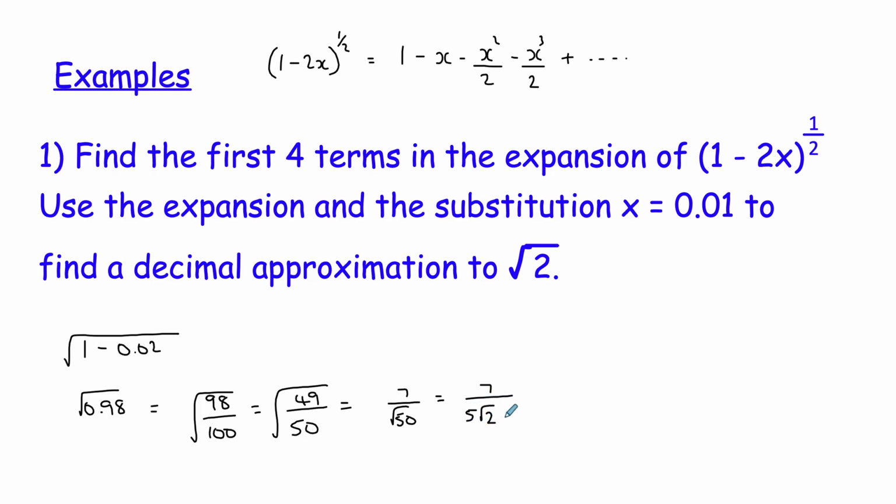And there's the root. That's what we're after. So I can now link the left hand side to a root 2, which means I can link the right hand side to a root 2, and that is all when x is equal to 0.01. So if I substitute 0.01 into this side, that will give me the answer to 7 over 5 root 2.